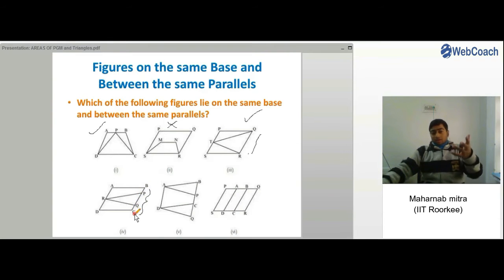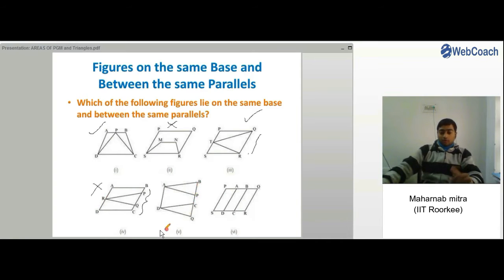So you can see we don't have a common base, and even if you look at it from any side, you will not find a common base, so they are not fulfilling both the criteria. So these are not figures on the same base and between the same parallels.